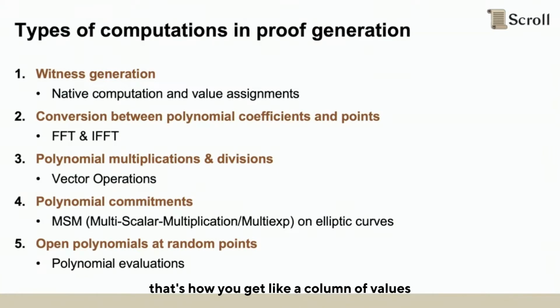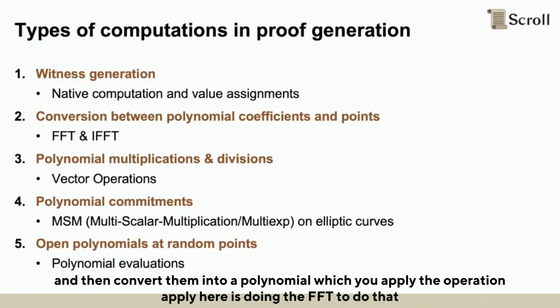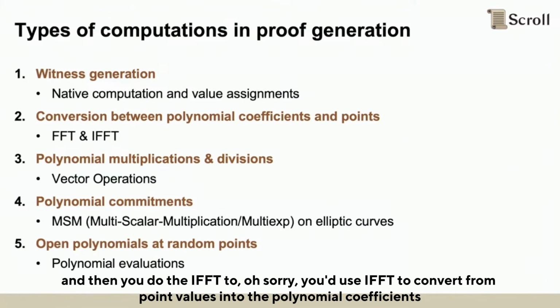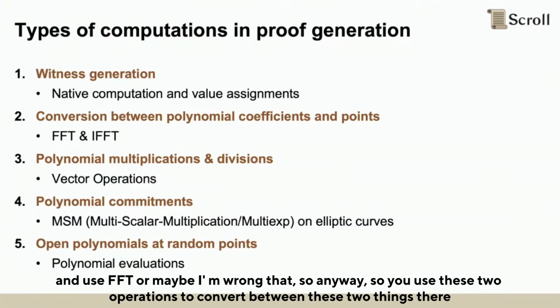That's how you take a column of values and convert it into a polynomial. The operation you apply here is the IFFT, to convert from point values into the polynomial coefficients, and then use the FFT, or maybe I'm wrong about that. Anyway, you use these 2 operations to convert between these 2 things.